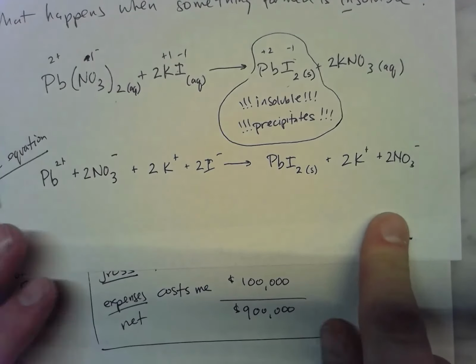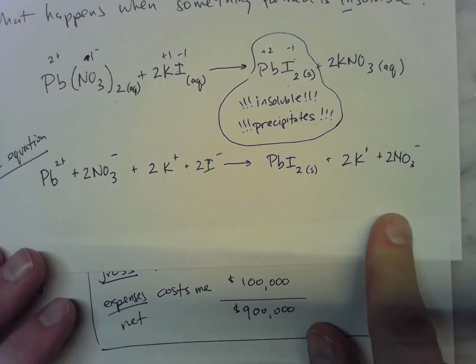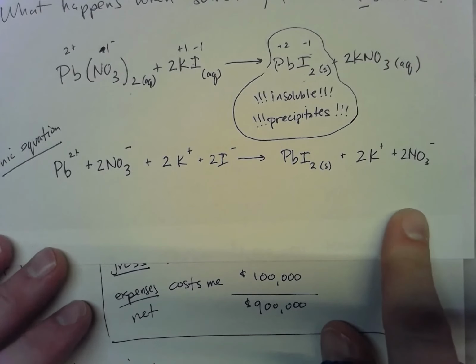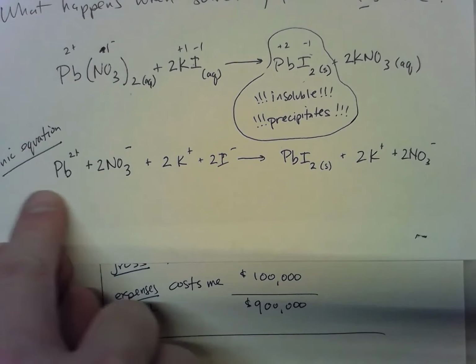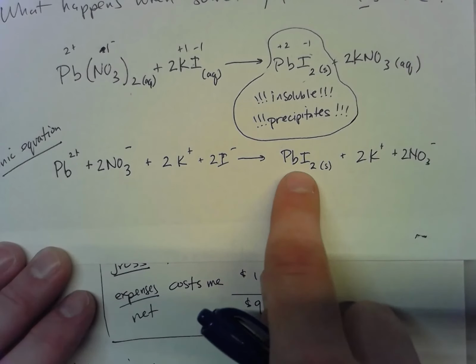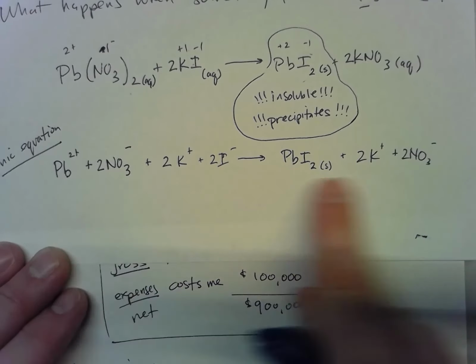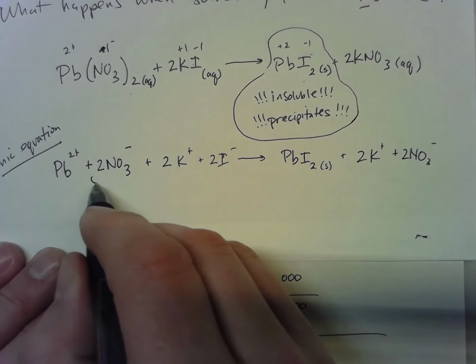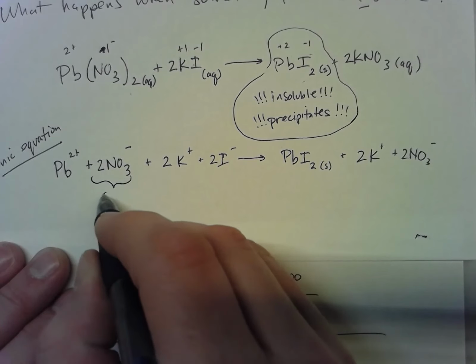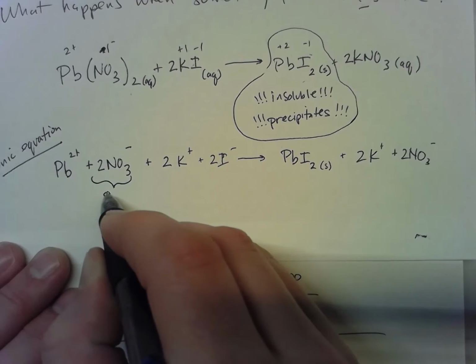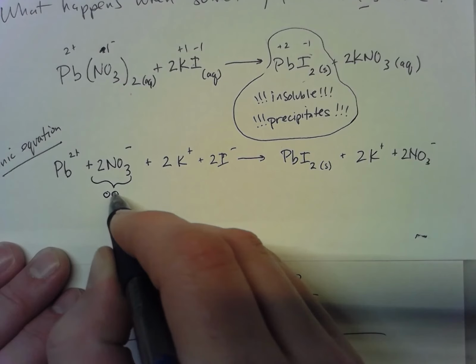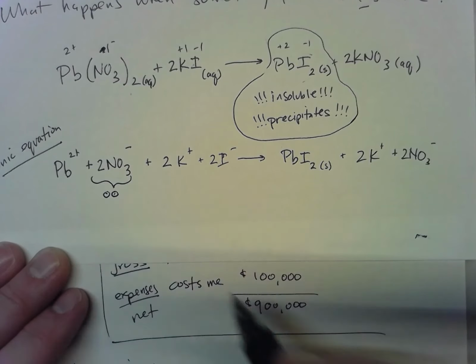Okay, so when we've written it like this, who do we see the same on both sides in an unchanged state? All right, so let's see. Pb2+, nope, he's locked up over here, so he's not a spectator. 2NO3-, 2NO3-. Okay, we're going to draw little eyes for spectators.